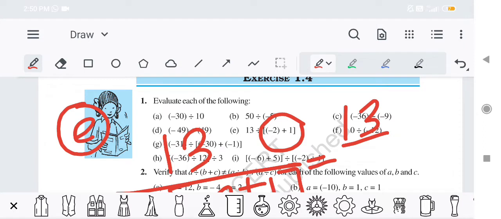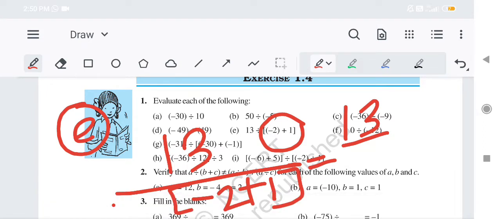Here minus 2 plus 1 is given, two different signs, means the operation will be subtraction and the sign will be of the bigger one. Here 2 is the bigger number, so we get minus 1, and we will get the answer as minus 13, because if one positive integer and one negative integer are divided, the answer will always be a negative integer, and simply we will divide the numbers.